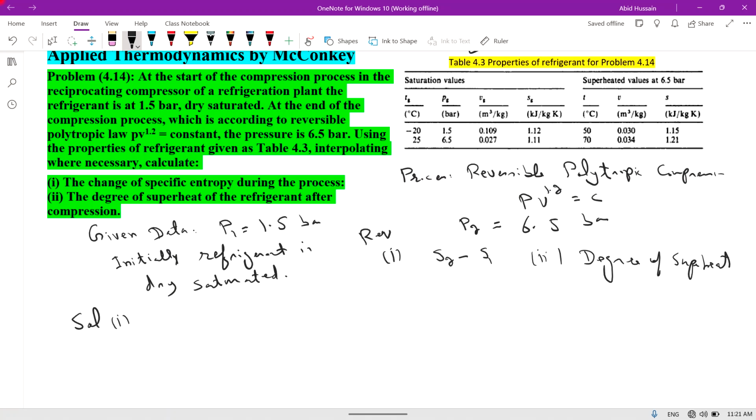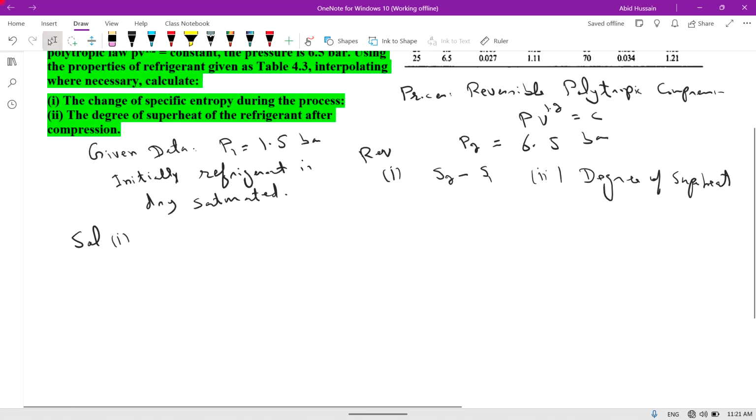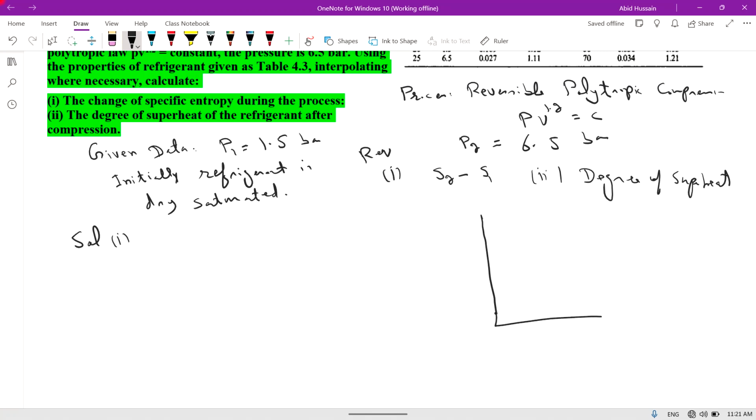As we know, initially the steam is dry saturated. So this is temperature and this is entropy.